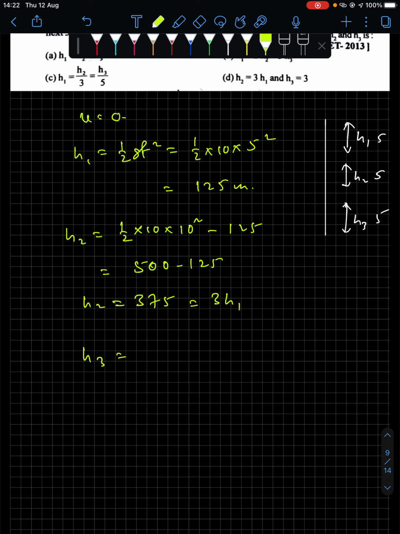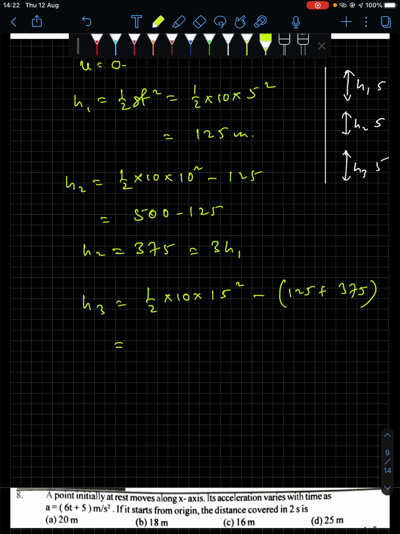In the third situation, h3 is the distance traveled in 15 seconds minus these two, minus h1 plus h2. So the distance traveled in 15 seconds will be half gt square, g value is 10, t square is, sorry, 15 square, right? 15 square minus 125 plus 375. So here what do you get? 2250 divided by 2, right?